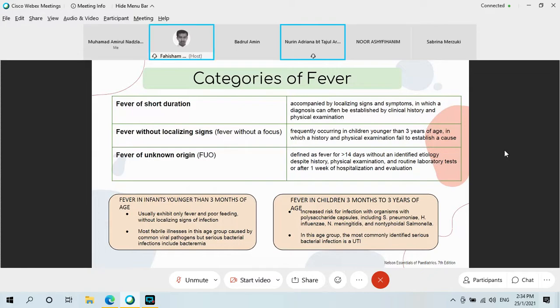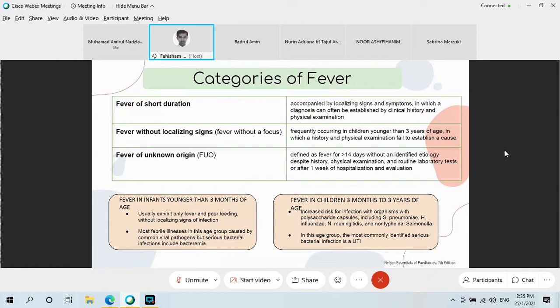Children or babies under 3 months of age presenting with fever need to be taken seriously, straight away. Admitted. I don't want to discharge any baby less than 3 months of age. So you know the definition straight away.